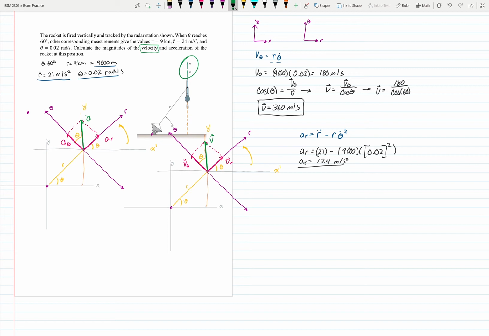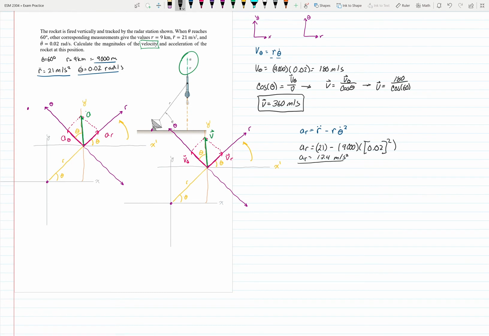Well, how do we solve this? Very similarly. Now that we have a r, we would know that this angle here is just 90 minus theta, or in this case 30 degrees. So we know that cosine of 30 degrees is equal to a r over a.